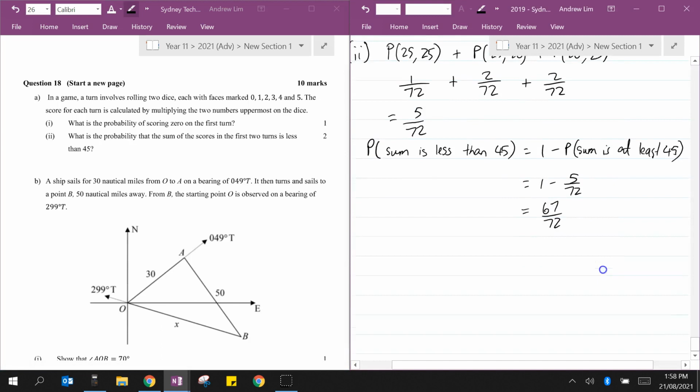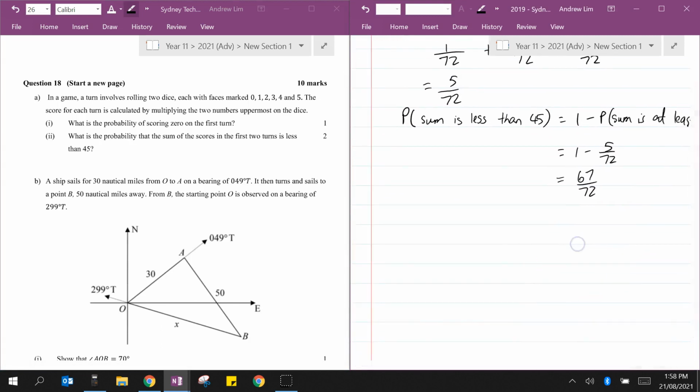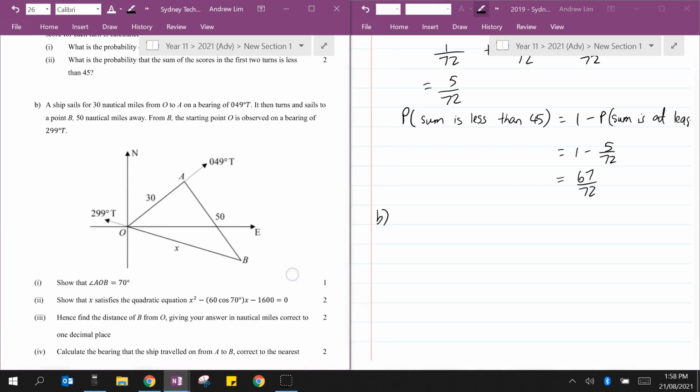Let's move on. Question B. A ship sails for 30 nautical miles from O to A on a bearing of 49 degrees true. It then turns and sails to point B 50 nautical miles away. From B, the starting point O is observed on a bearing of 299.